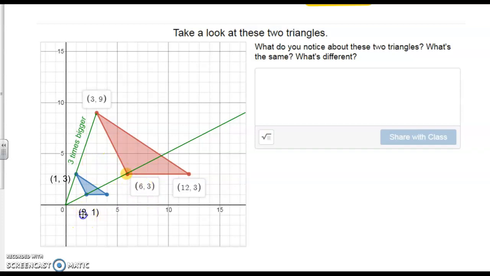And we're like, yeah, each of those numbers are getting 3 times bigger. And we'll notice the same thing with this last one, that it goes from a 3, 1 to a 12, 3. And each time what we're doing is we're multiplying by 3. That's what this shape is doing.